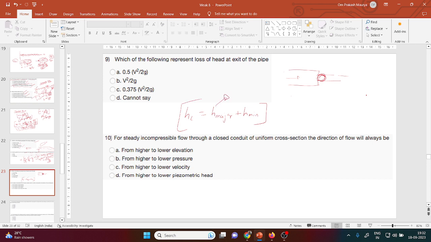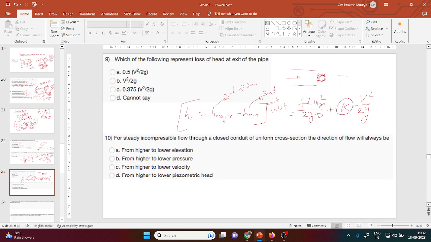So major loss you have already seen, it is due to pipe friction, but for minor losses there are lots of things, like bend, exit, inlet, and other things also. There is a formula for the major loss, you already remember, with v square, this is the average, over 2gD, plus for minor, K v square by 2g.